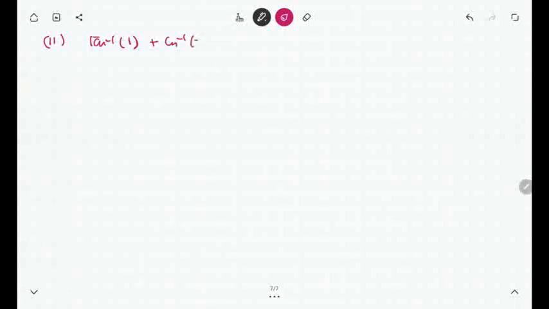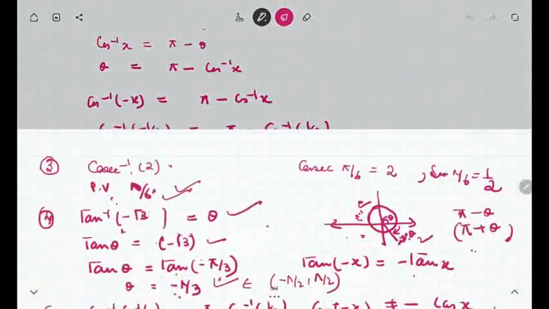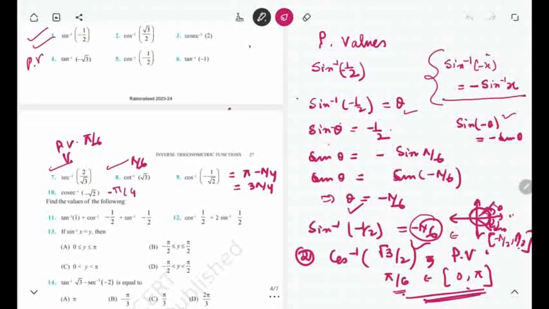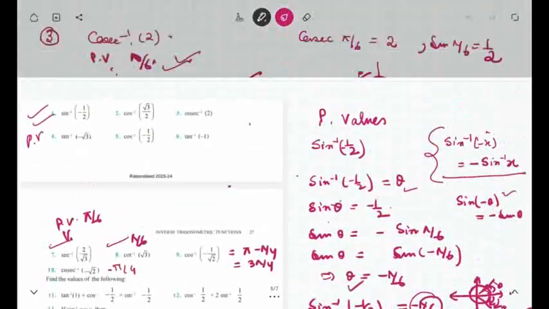We have to be careful when we are considering the inverse for negative values with cos and sin, right? So yes, I have taken the right question, the 11th.